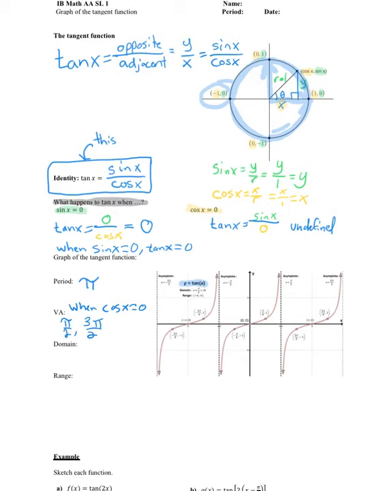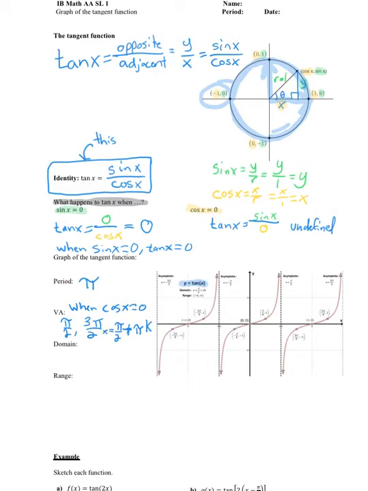So what happens though, this function goes on forever. So the best way to write it is going to say pi over 2 plus the period of the function times k. And that's really a weird way to write it for vertical asymptotes. But basically there's going to be a vertical asymptote every single time at those values.